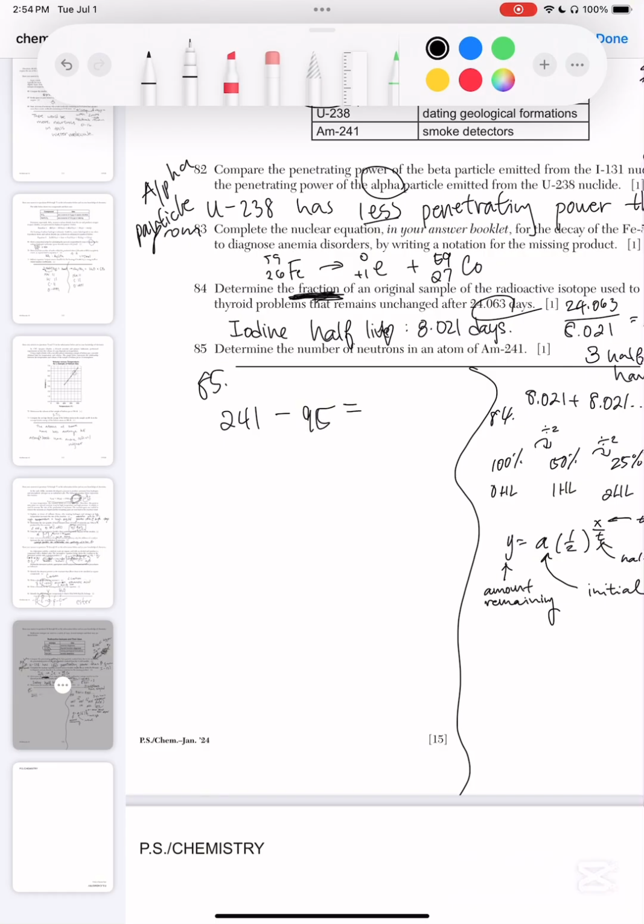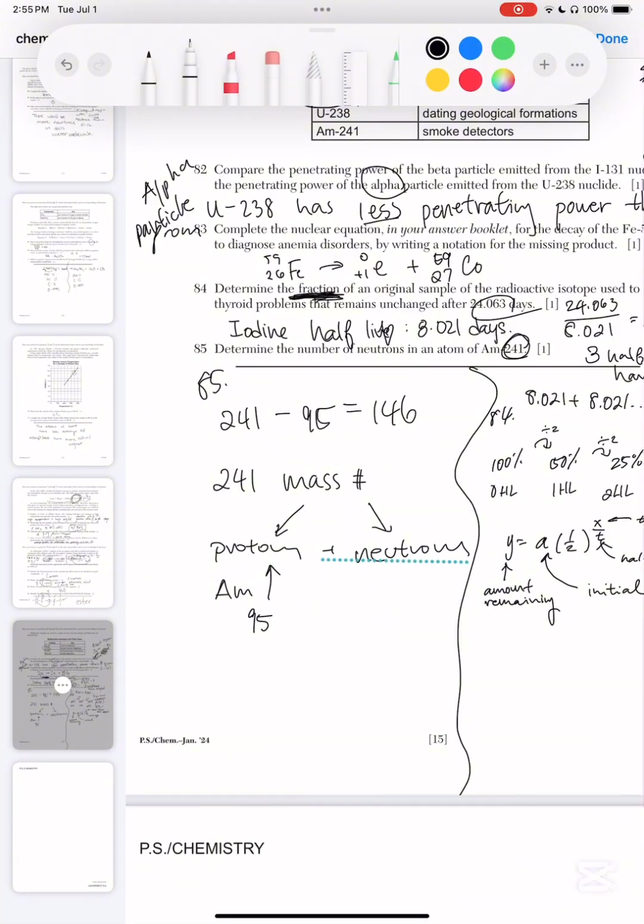And then for 85, it's just 241 minus 95, because americium is element number 95. So, the mass number is comprised of the protons and the neutrons. So if it tells you that the mass of this isotope is 241, you can just use 241 minus the number of protons it has to get the number of neutrons it has.